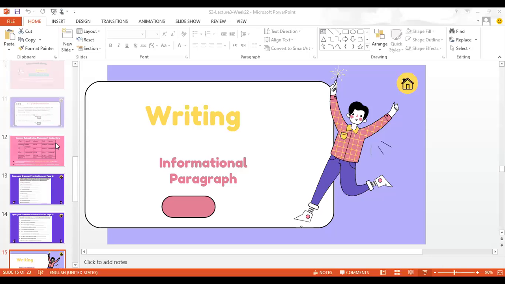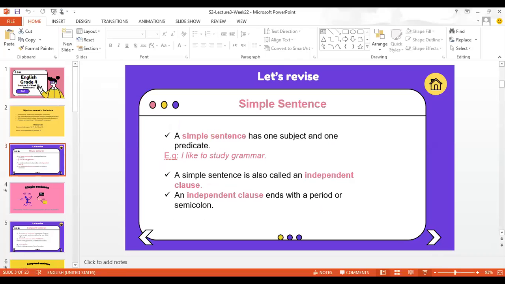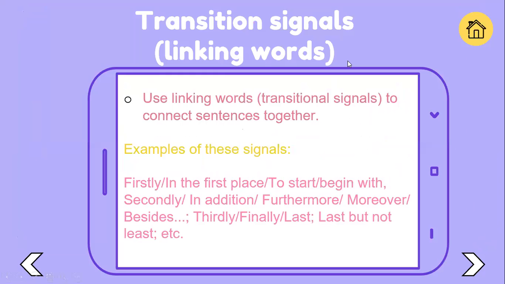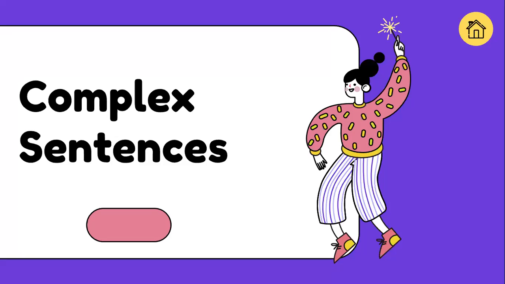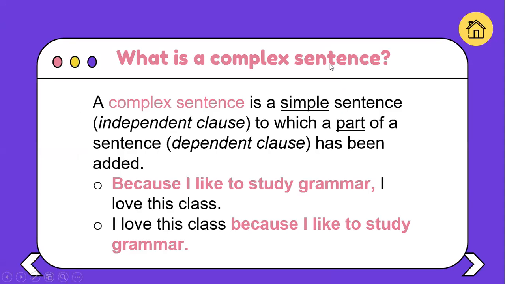Okay. Let's go back to the grammar. On Monday, I started with the complex sentences with you. And we said that complex sentences are when I have a dependent clause joined to an independent clause.